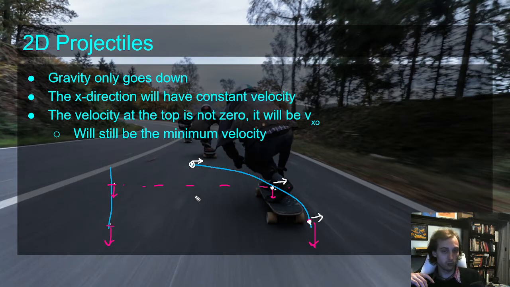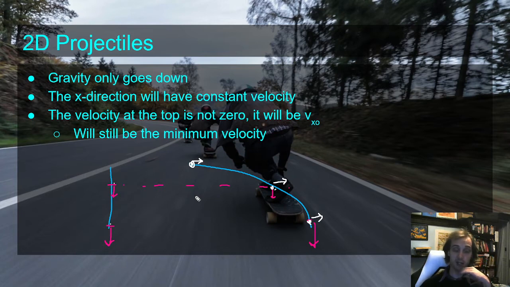So it takes us less time to drop that distance because we're going faster in that direction. Again, some weird or unexpected consequences there that can be a bit counterintuitive.